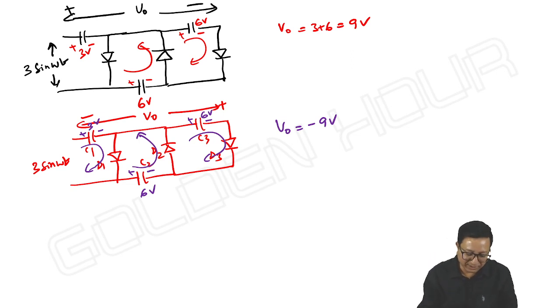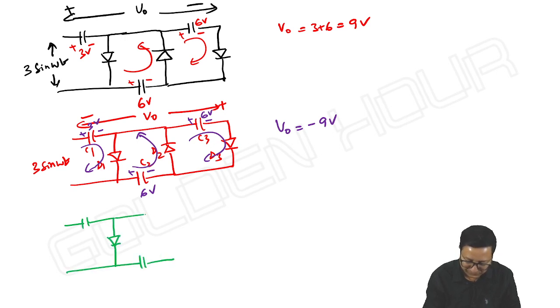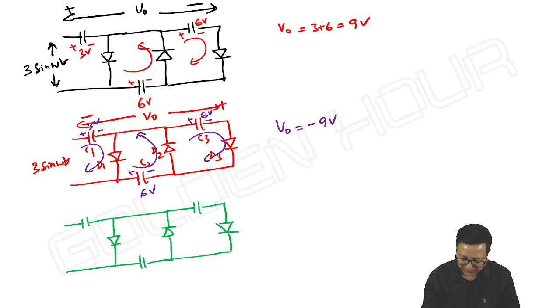And there is another way of asking the question. Suppose the same circuit only, it is 2 plus 3 sin omega t, and find the output.